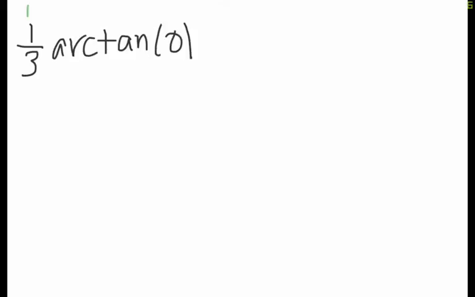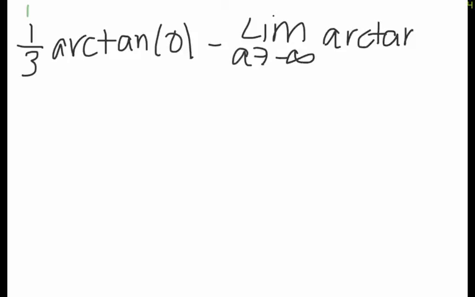I want 1/3 arctan of 0 minus the limit as a approaches negative infinity of arctan of negative infinity. Now, should I have that limit out front? Oh, and there should be a 1/3 there too. I could have my limit here too, but you don't really need it. If you don't know what these answers are, your graph is your best friend.